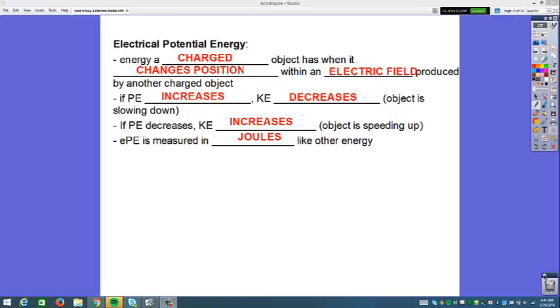That electric field is going to pull you along. As you get closer to the plate, to the object that's producing that electric field, your position is getting smaller and smaller, so you're speeding up. And your electric potential energy, or EPE, is measured in joules, just like work and all of the other energies that we looked at before.